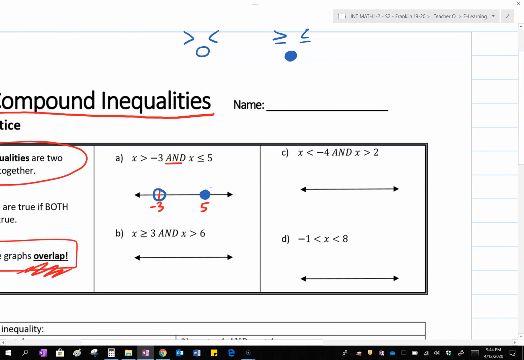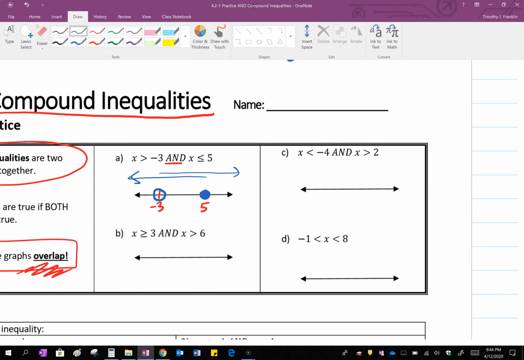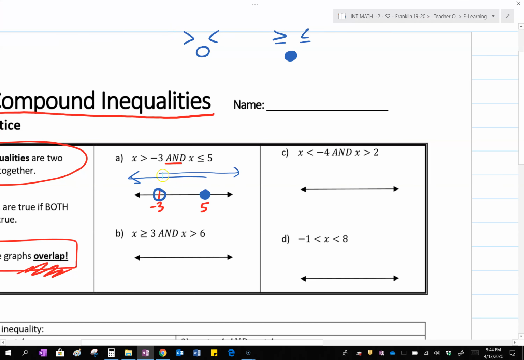And if you think about it, just kind of plan, greater than -3 will go this way, less than or equal to 5 would go this way. And so these two inequalities overlap between the two numbers right here.